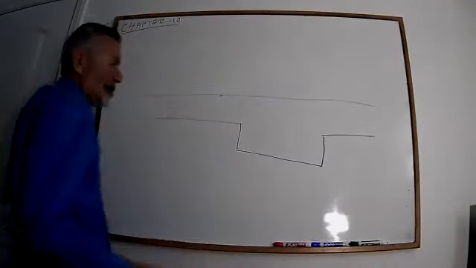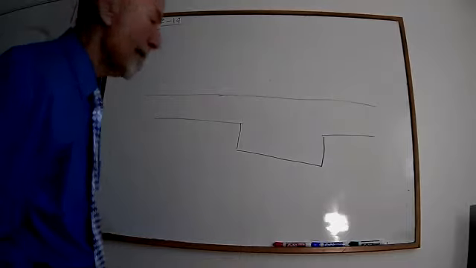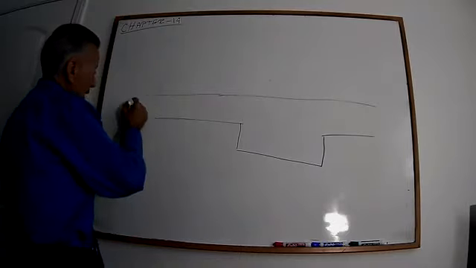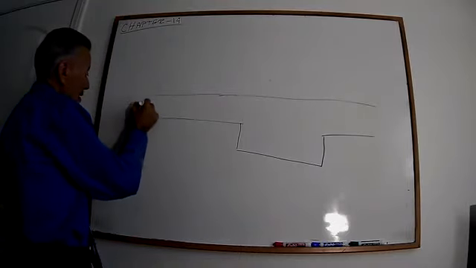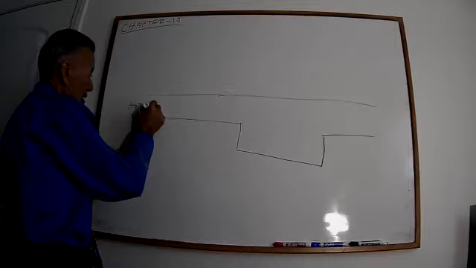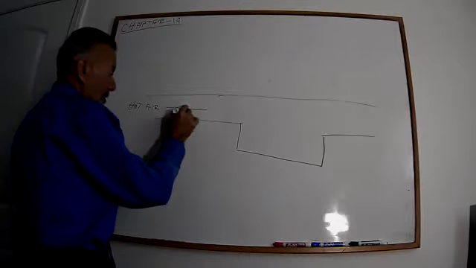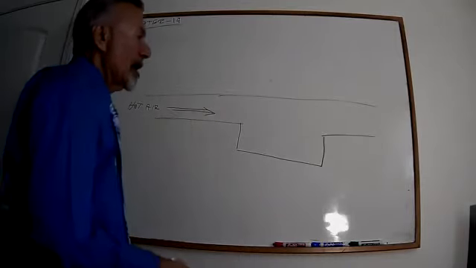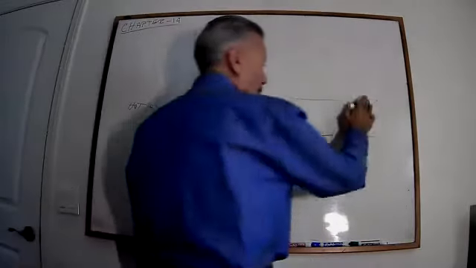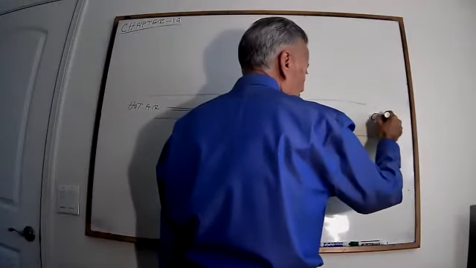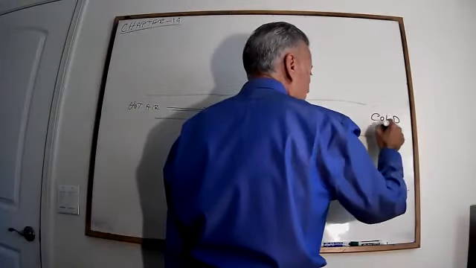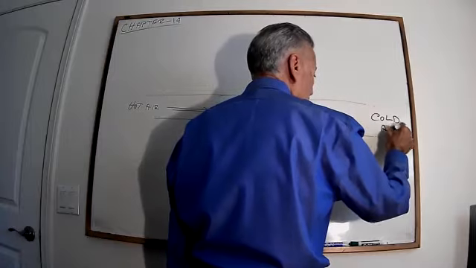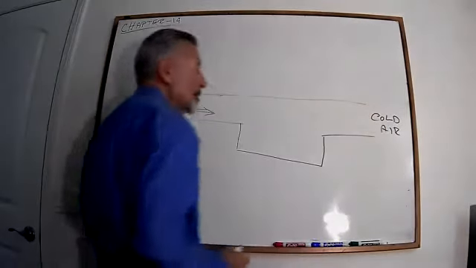The first time we decided to have the air conditioning, we had hot air coming this direction through this ducting, and we wanted to get some cold air on this side.